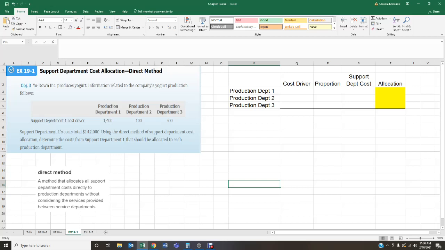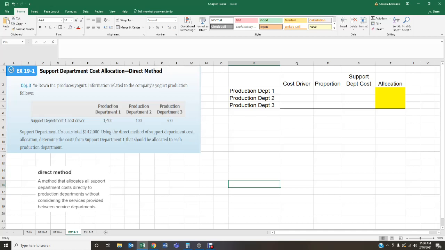They get $1,400, okay? Now, it says support department 1's cost total is $142,000. Now, using the direct method of support department cost allocation, determine the cost from support department 1 that should be allocated to each production department.